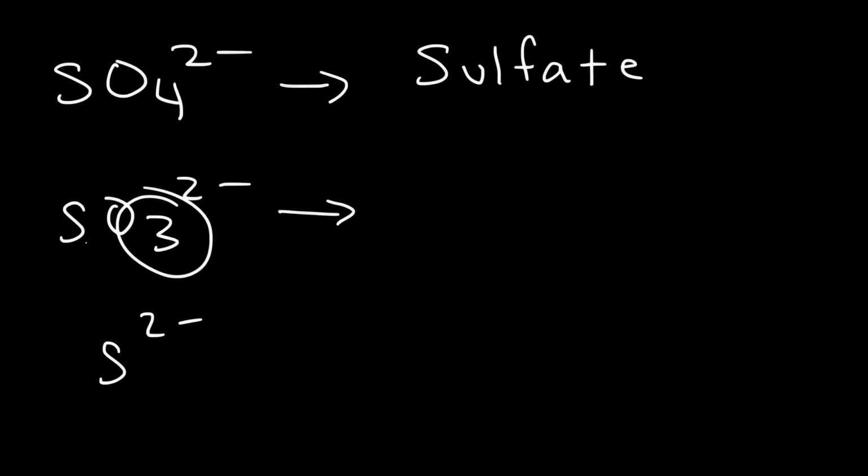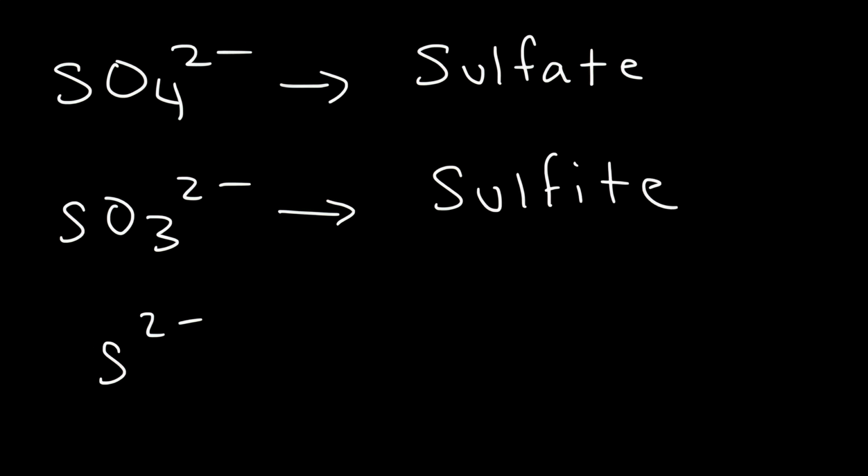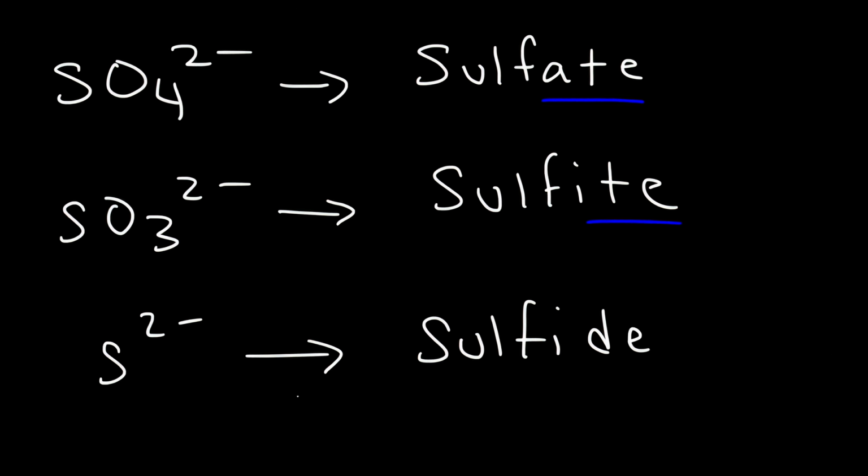Notice that it has one less oxygen, so it's going to be called sulfite. Ate always has one more oxygen than ite. Now the last one doesn't have an oxygen, it's a monoatomic ion. So this one is called sulfide. It has the suffix ide.